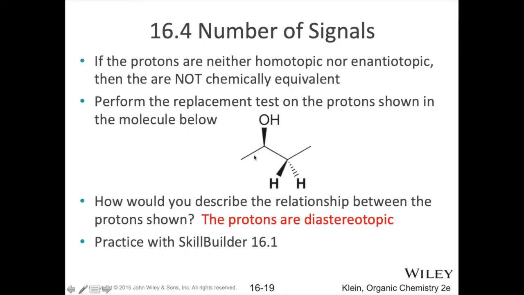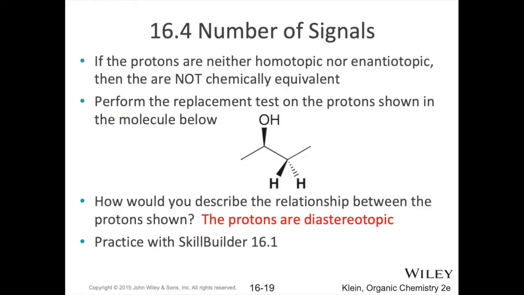You can rotate around this bond, but there's a hydrogen that's not shown that's sticking into the screen over here, and this carbon is chiral and it's locked with that chirality. So one of these hydrogens is going to be closer to the alcohol group in that environment versus one hydrogen that's further away from that alcohol group. Those are two different environments.